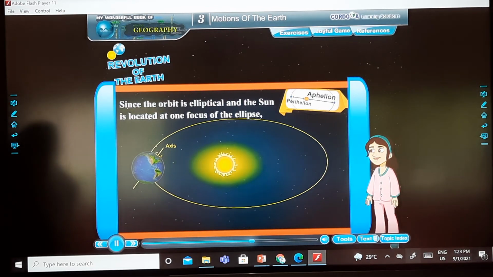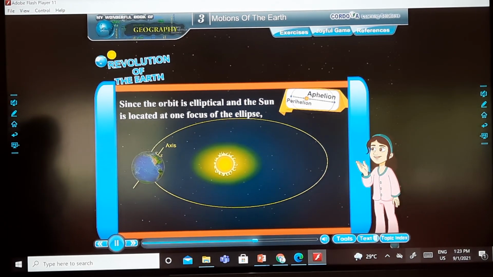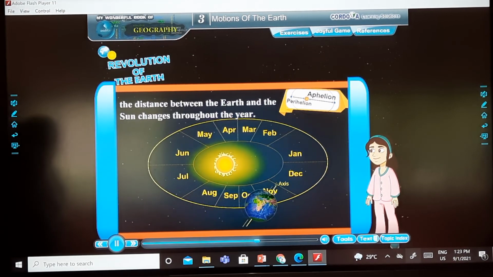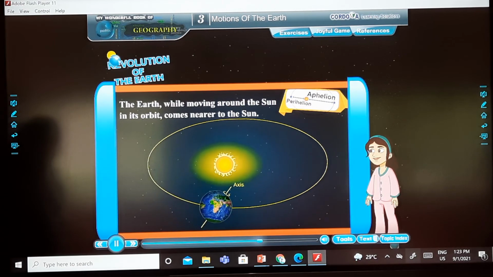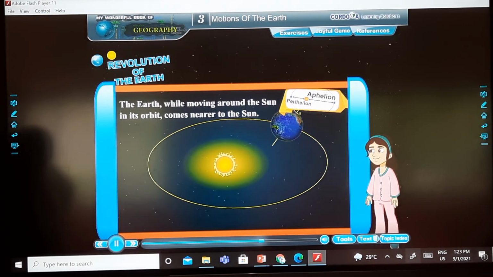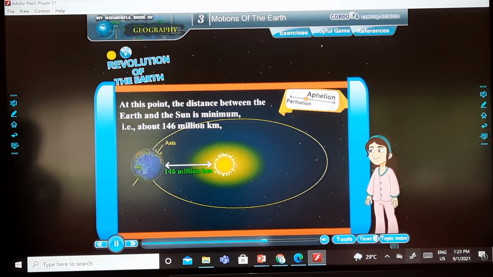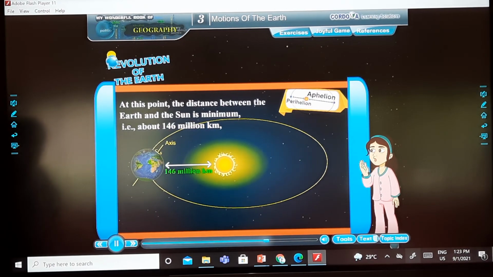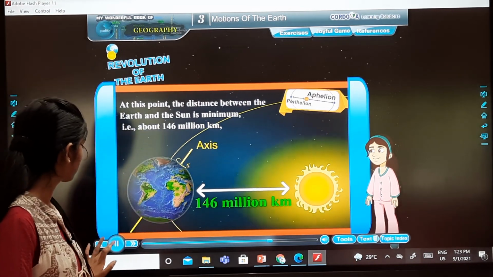Since the orbit is elliptical and the sun is located at one focus of the ellipse, the distance between the earth and the sun changes throughout the year. The earth, while moving around the sun in its orbit, comes nearer to the sun. At this point, the distance between the earth and the sun is minimum, that is about 146 million kilometers.